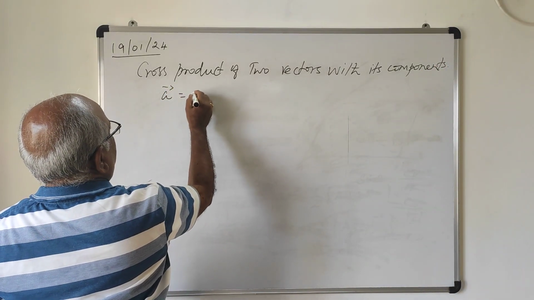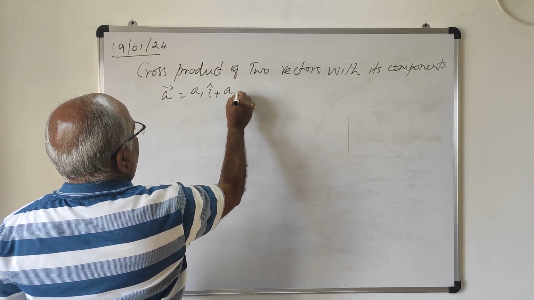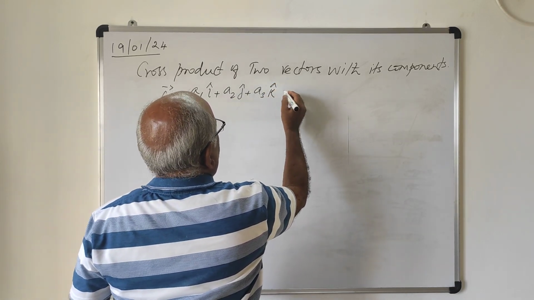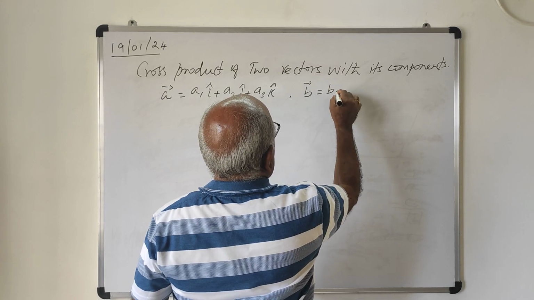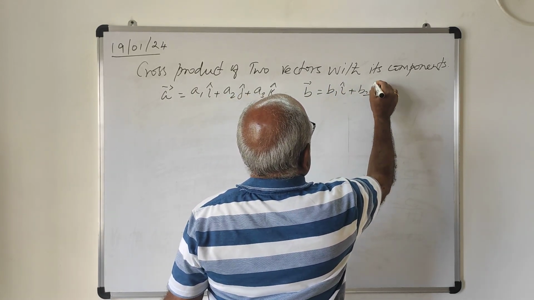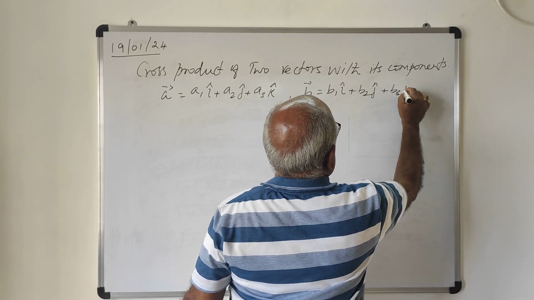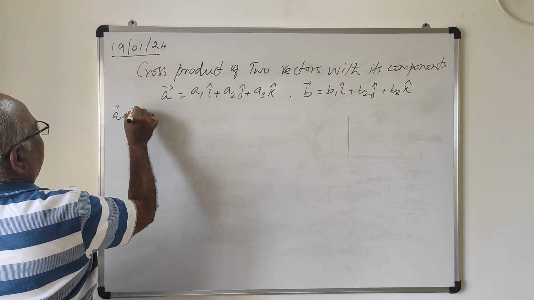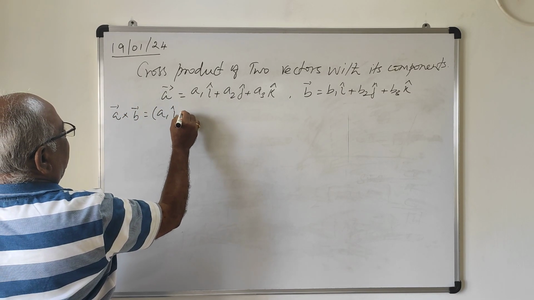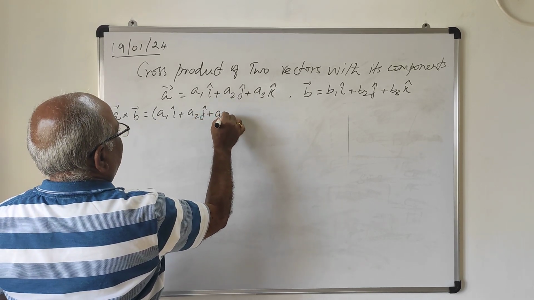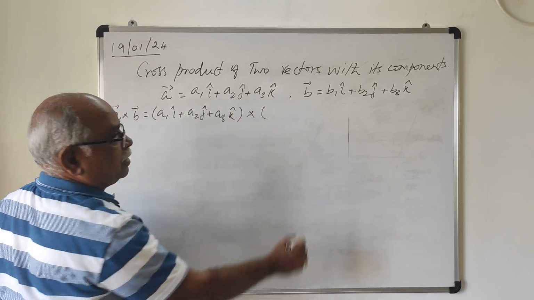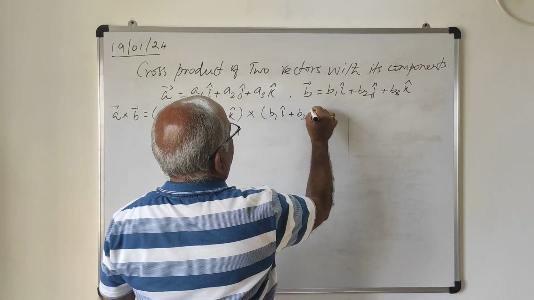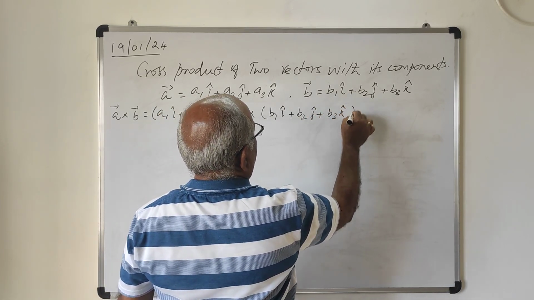Suppose A is a vector given by A1 I plus A2 J plus A3 K, and B vector is given by B1 I plus B2 J plus B3 K. What is A cross B? A cross B is A1 I plus A2 J plus A3 K cross B1 I plus B2 J plus B3 K.